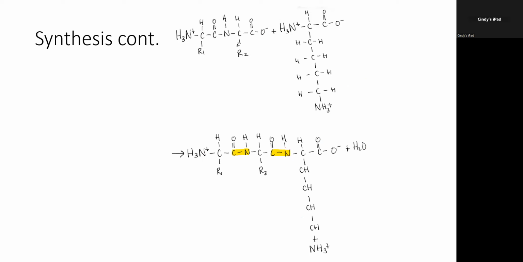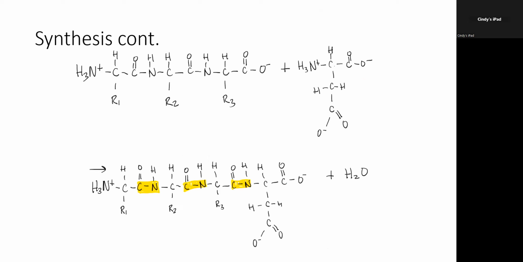Just to emphasize this, moving on, you have your already made amino acid from the previous slide, plus aspartate, which I'm having trouble pronouncing. And then you do the whole synthesis. Again, you get rid of this water molecule, and you end up with another peptide bond, and you get this big structure here.